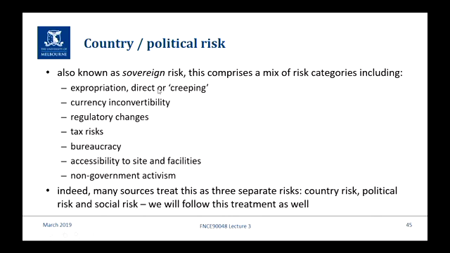So Tinsley talks about these all in one group. Lots of others say there's three separate risks. There's country risk, political risk and social risk, and I'm going to follow that as well. And the reason is that I think they're sufficiently different from one another so that it's different sort of sources of the risk and can have different outcomes.